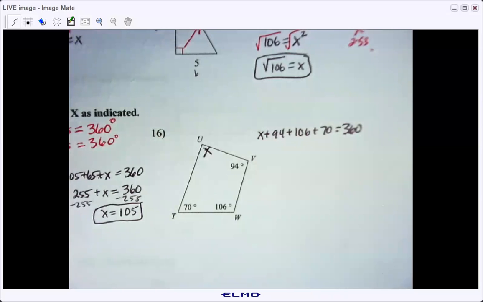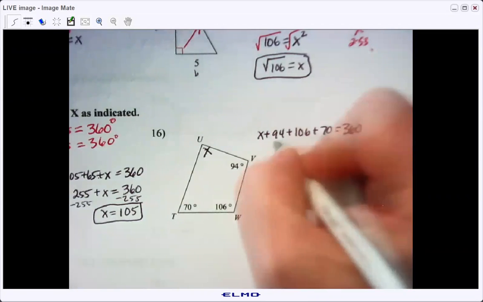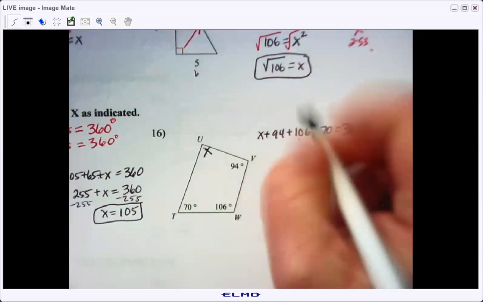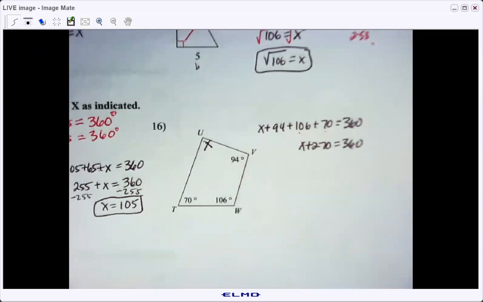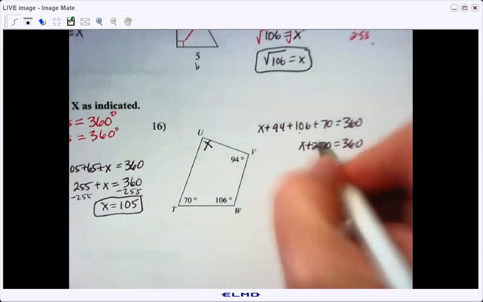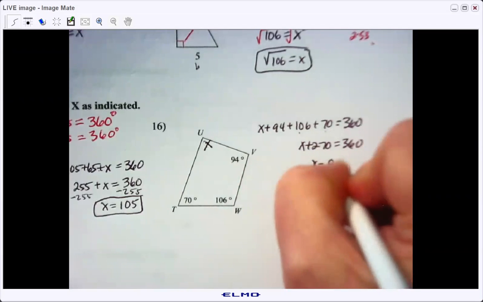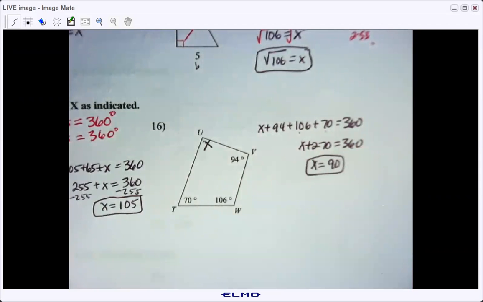Okay, so I can figure that one out. When we add these together, I get 200 here, 270. X plus 270 equals 360. So if I subtract 270, I get X equals 90. Okay, good.